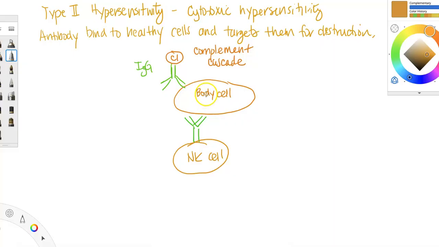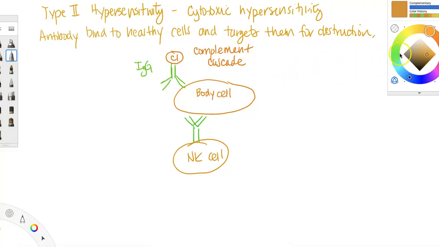So antibodies can act as opsonins to help natural killer cells target those body cells, because again, this is not something that's good. This is a healthy cell, and so the antibody is itself targeting the body cell and then telling the natural killer cell to go in there and target that cell.